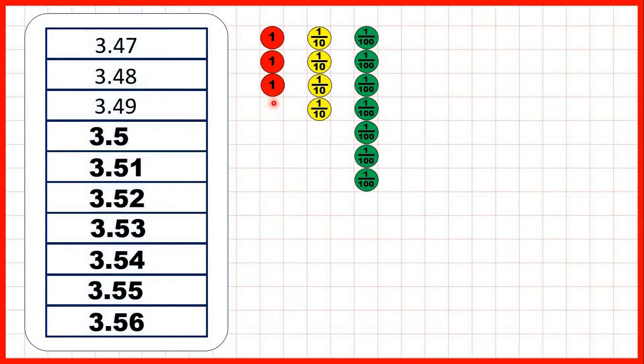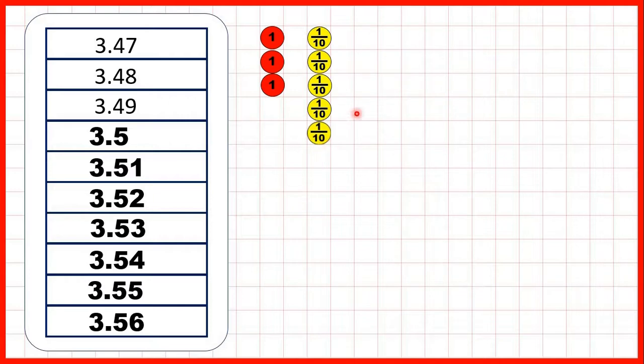And we can see the counting with place value counters because we started with 3.47, so that's 3 wholes, 4/10ths and 7/100ths, and we're counting in hundredths. But when we get to 3.5, we can change those 10/100ths for 1 extra tenth, and then continue counting in hundredths.